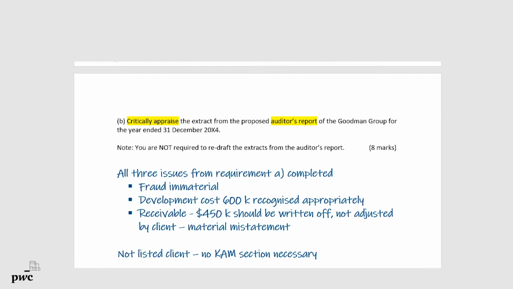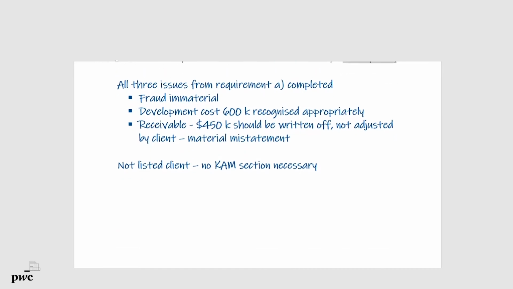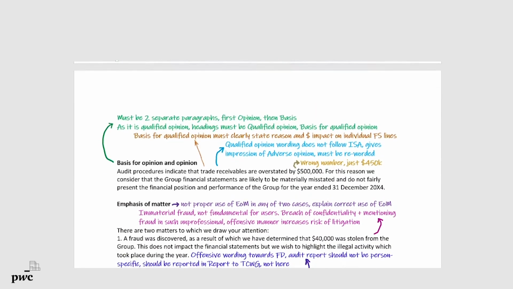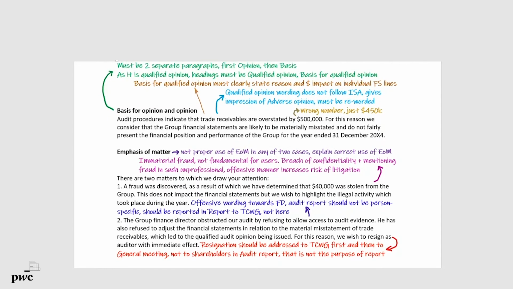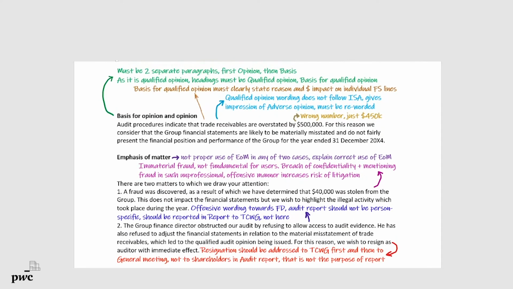We are given an extract from a proposed audit report and we are asked to critically appraise it for 8 marks. Now, if you look at the extract, it's not really long and we have to earn 8 marks. So you really have to criticize every single word which appears in the extract. What is the approach to similar types of questions, or what can we typically see in similar types of questions? Well, it is typically wrong order of paragraphs, wrong headings of paragraphs.